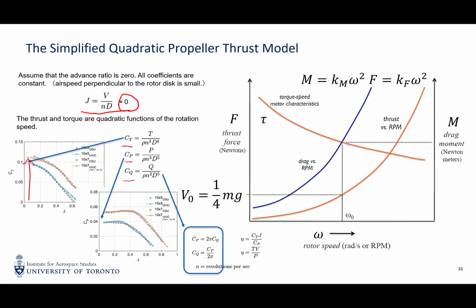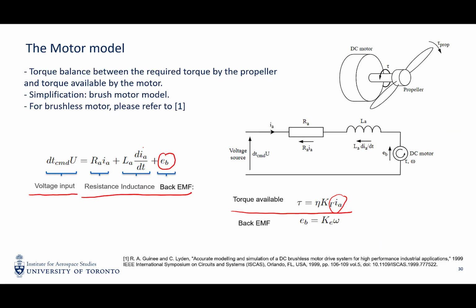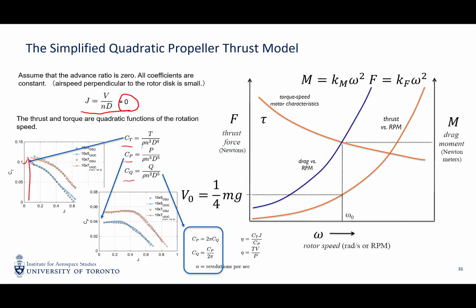And because T is a function of the square of the rotating speed, the thrust and also the torque generated by the propeller for the quadrotor case is a quadratic function of the rotating speed of the propeller.